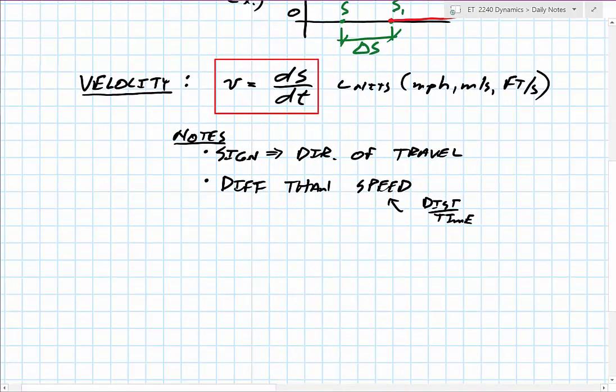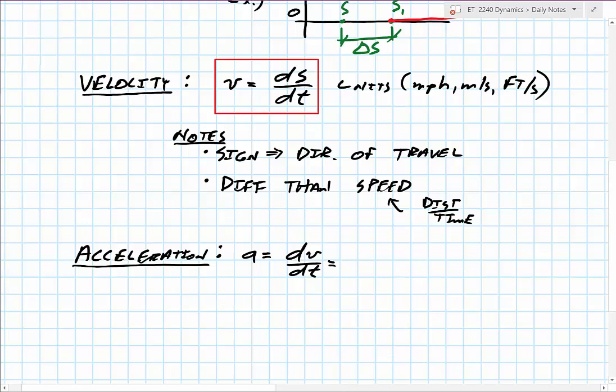After velocity, we can talk about how fast our velocity is changing with respect to time, which would be acceleration. A lot of this should be review. You've probably had it in physics, possibly dating way back, and so it's just formal definitions as we build on these. So our acceleration would be our change in velocity with respect to time.